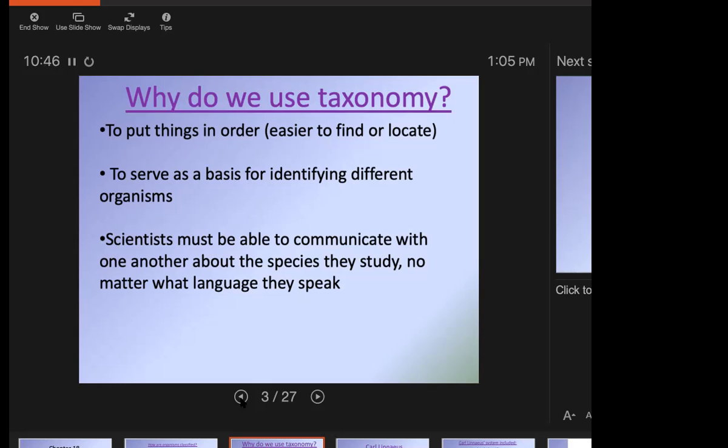Native peoples have probably been interacting with these animals, plants, or fungi for thousands of years and have their own names for them, right? But in order to be officially placed into this modern system of classification, they're given a scientific name.